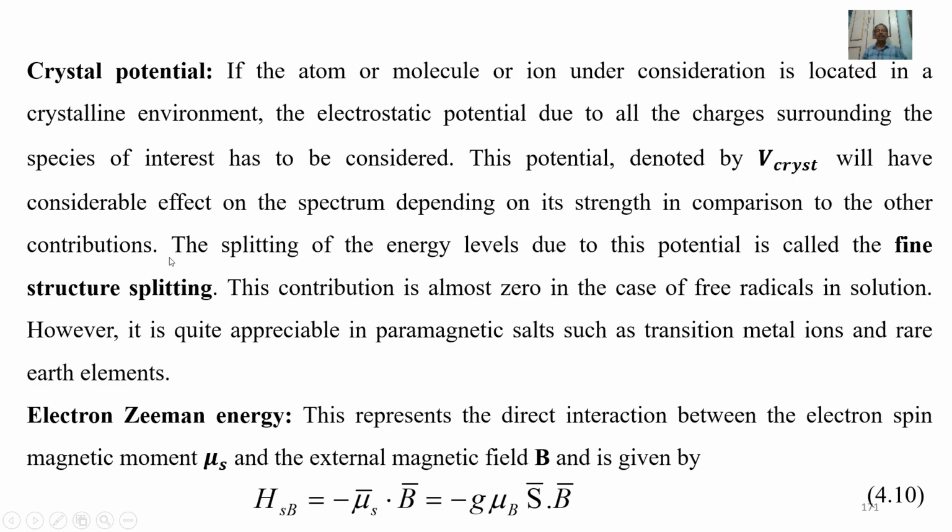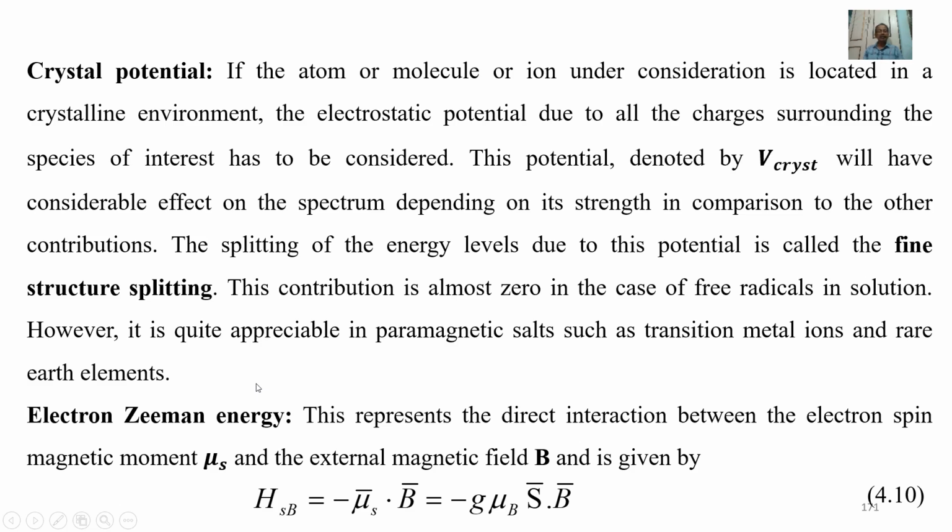The splitting of the energy levels due to this potential is called fine structure splitting. This contribution is almost zero in the case of free radicals in solution. However, it is quite appreciable in paramagnetic salts such as transition metal ions and rare earth elements.